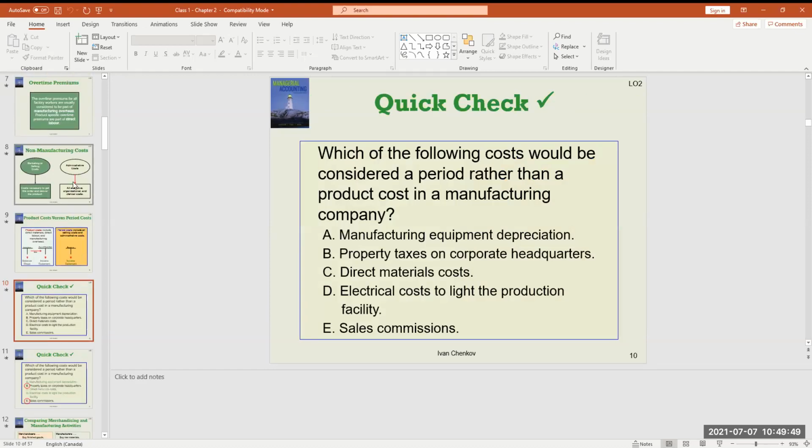All right, quick check. Which of the following costs will be considered period rather than product cost in a manufacturing company? What do you think about manufacturing equipment depreciation? Is this a product cost or a period cost?